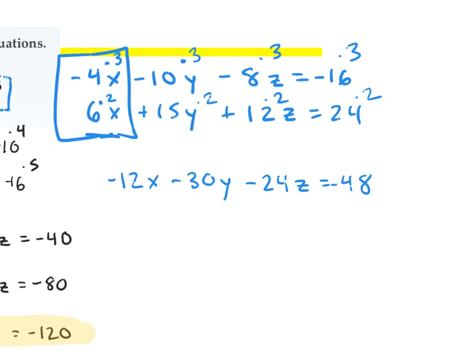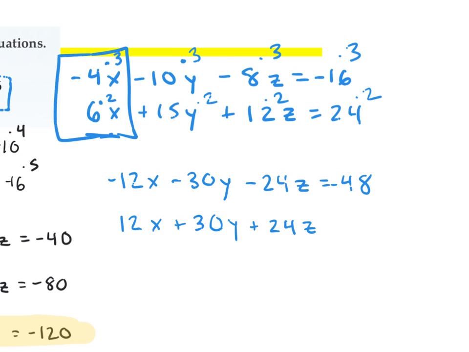So 6x times 2. 12x. Perfect. 15y times 2. 30y. 12z times 2. 24z. And 24 times 2. 48.